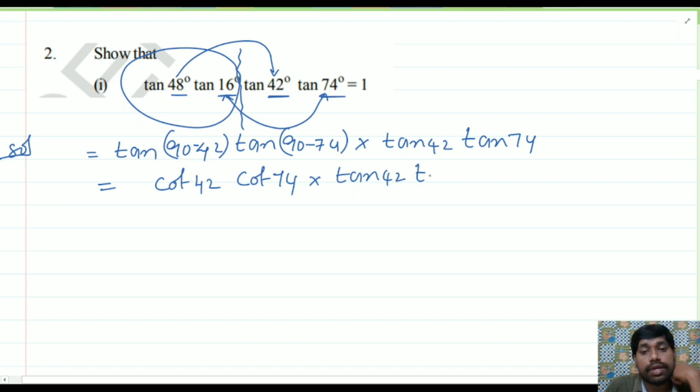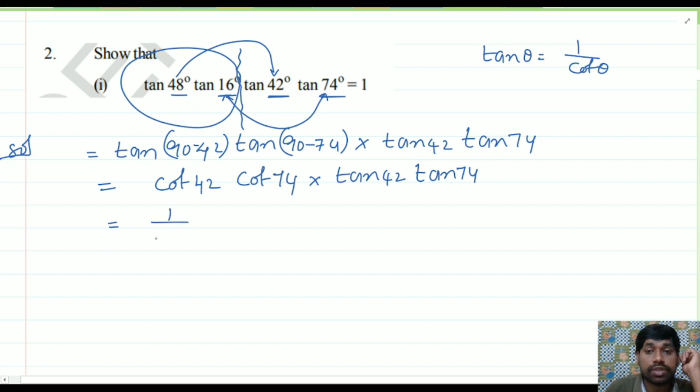Into tan 42 tan 74. Tan theta can be written as 1 by cot theta because both are inverse trigonometric ratios, or reciprocals.